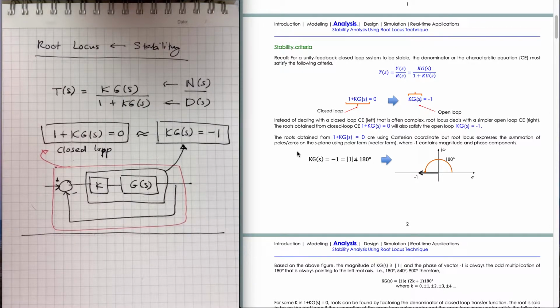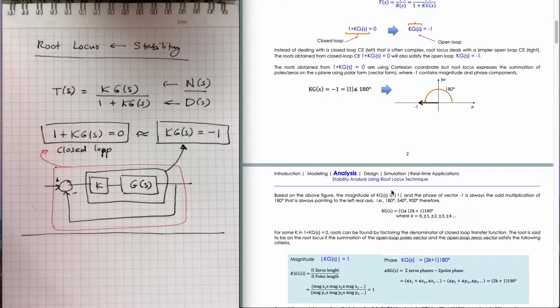But in the open loop, we use polar form, or vector form, where negative 1 contains magnitude and phase components. This vector represents KG(s) equal to -1. Because it is negative 1, it is facing this direction, so the angle is 180.